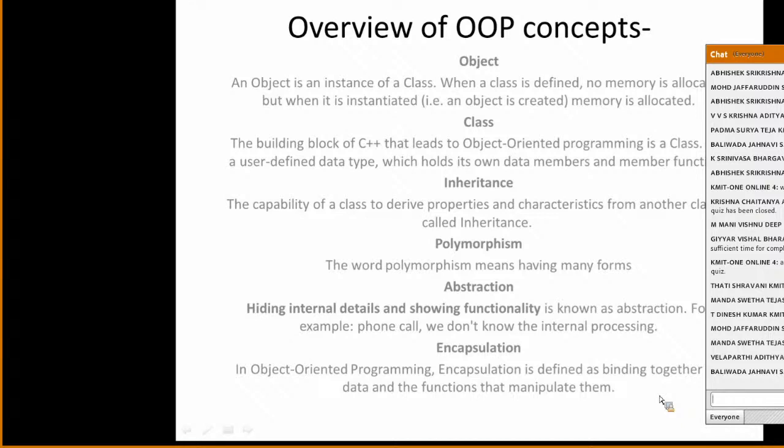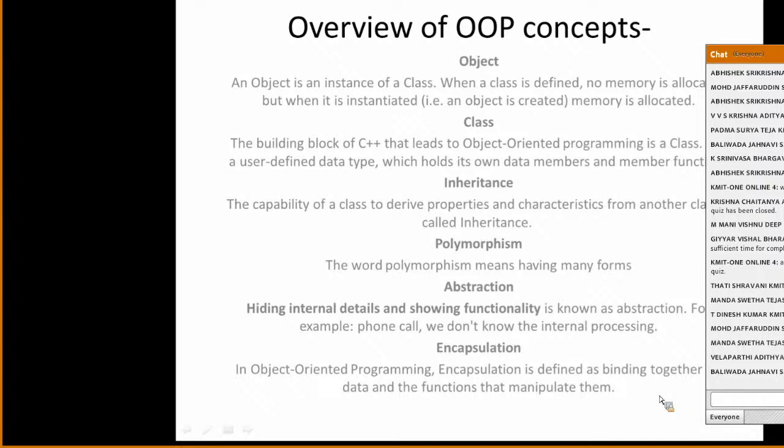Whatever members and functions you include in a class are called the data members, or the member data, of that particular class, and the member functions of that class. So whenever you have created a class, you have to create memory for it.